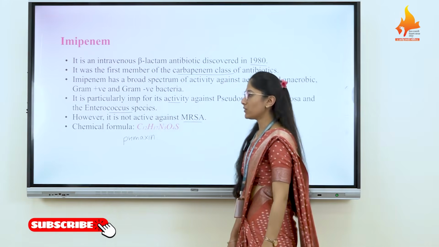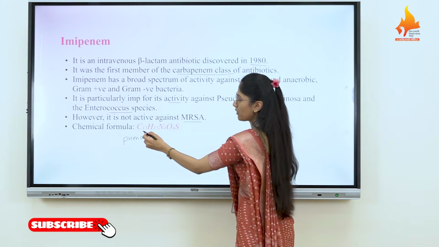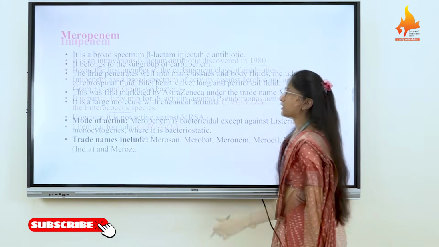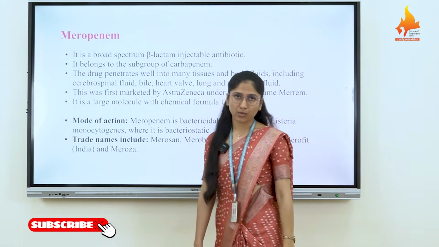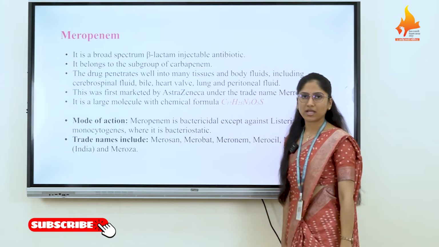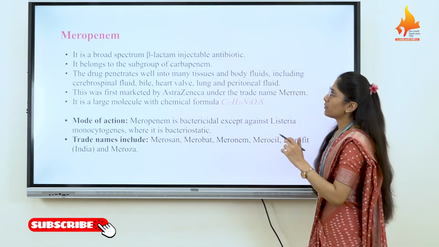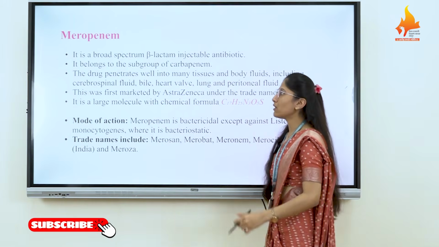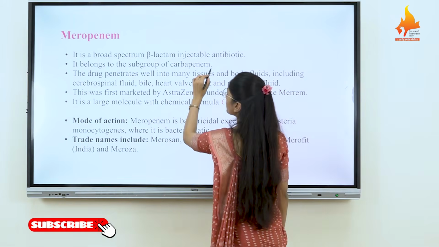The chemical formula of imipenem is C12H17N3O4S. Next antibiotic, that is meropenem. It is also a beta-lactam antibiotic, but it is an injectable antibiotic. It belongs to the subgroup of carbapenem.